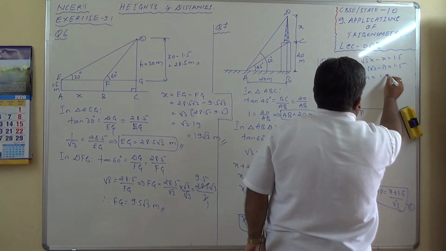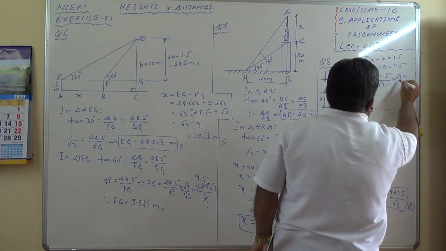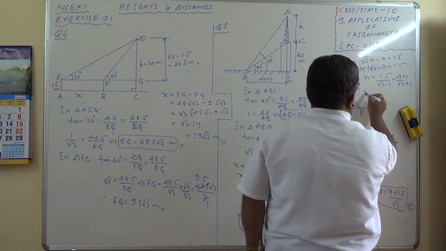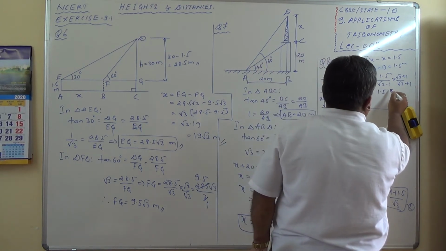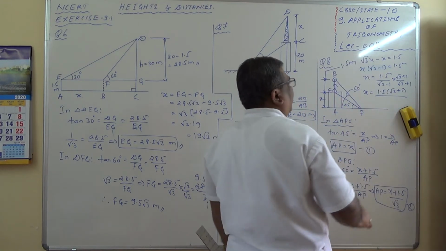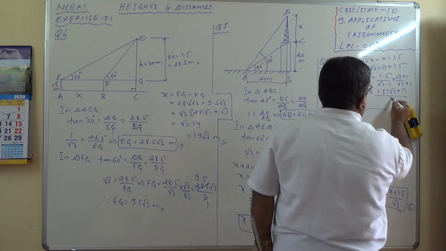So x equals 1.5 divided by root 3 minus 1, into root 3 plus 1 by root 3 plus 1, rationalization of the denominator. Therefore x equals 1.5 times root 3 plus 1 divided by root 3 squared minus 1, which is 3 minus 1, 2.